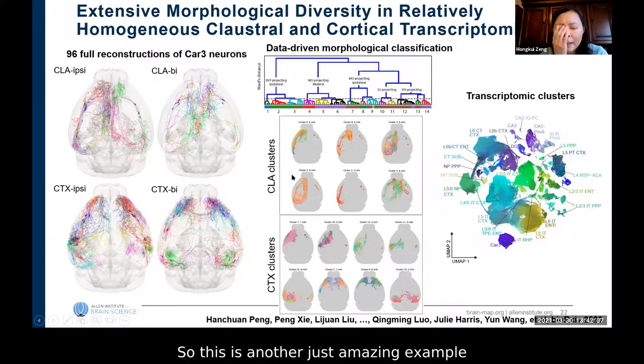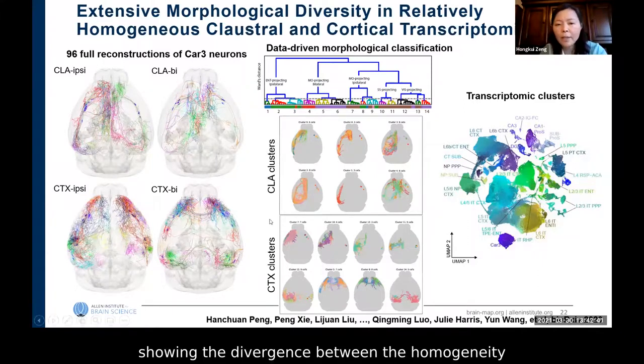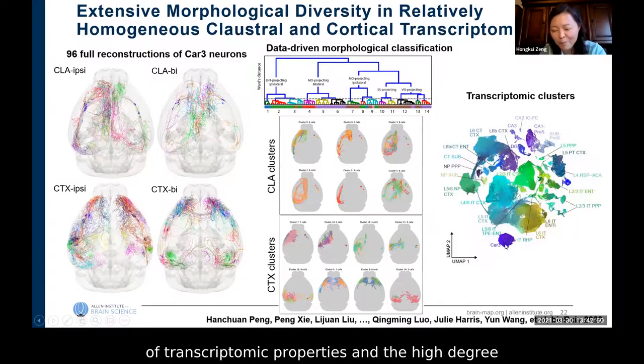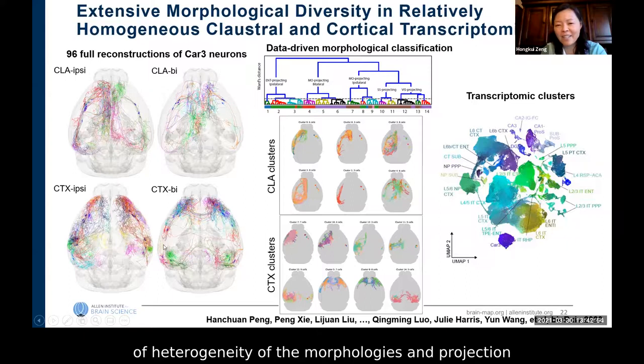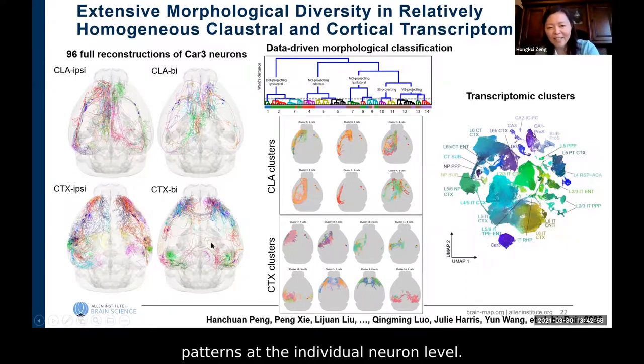So this is another amazing example showing the divergence between the homogeneity of transcriptomic properties and the high degree of heterogeneity of the morphologies and projection patterns at the individual neuron level.